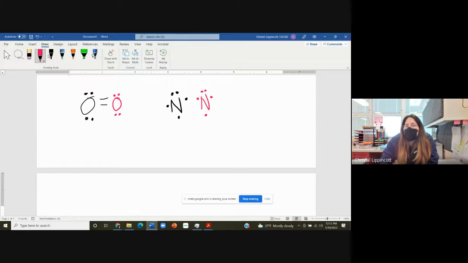So what I can do is bring these 2 electrons into the center. Oops, I guess I put that on the wrong side. Sorry, wrong ink color. And then he has to go away down here because we moved him into the center. And now we're going to move these into the center.